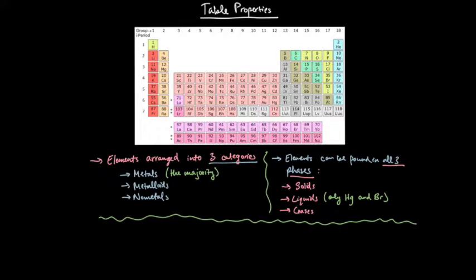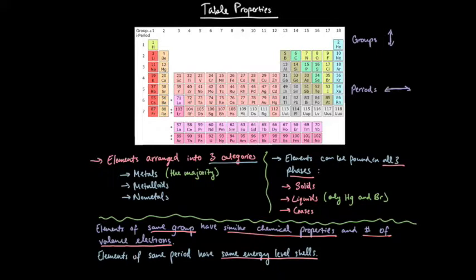A big thing to remember is that elements of the same group have similar chemical properties and the same number of valence electrons. If you look at the periodic table in the Regents reference table, you're able to see that those that share the same vertical column have the same number of valence electrons in their configuration. Also, elements of the same period have the same energy level shell, so they fill up the same number of energy levels.